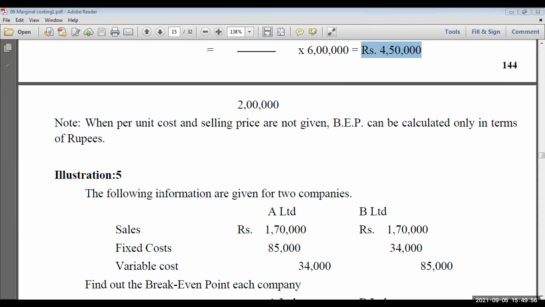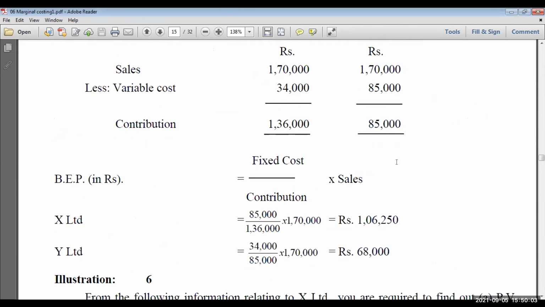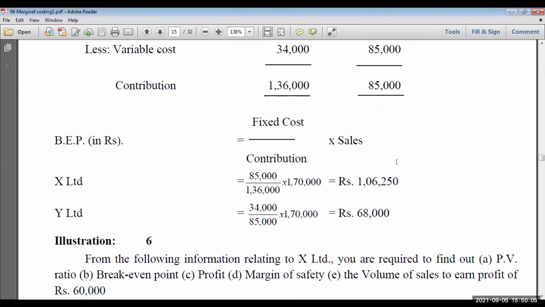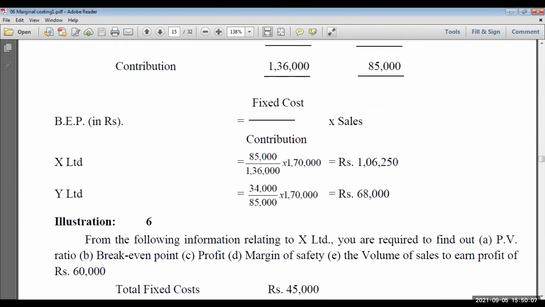1,06,250 for company A. And for company B, variable cost is 85 divided by 34. 68.